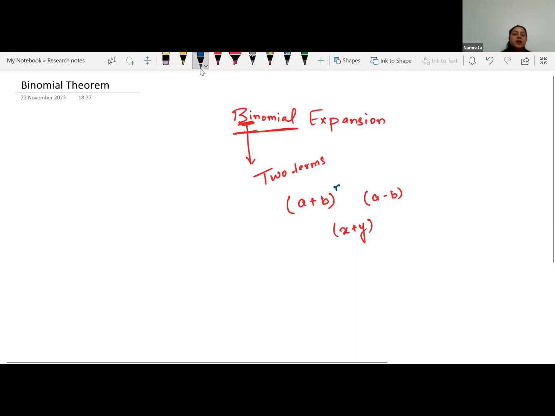That means there will be a power n, or n plus 1, whatever the power is. So binomial means two terms, and expansion means if two terms have a certain power, how we will do the expansion of that, which we are going to discuss in detail in this chapter.